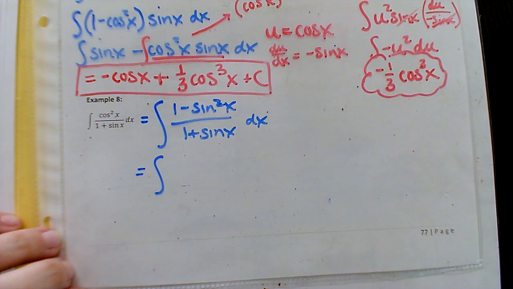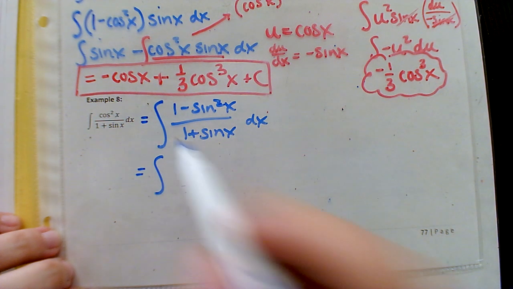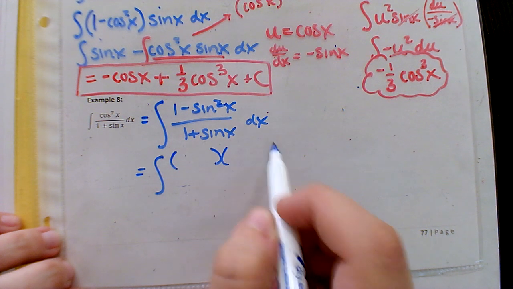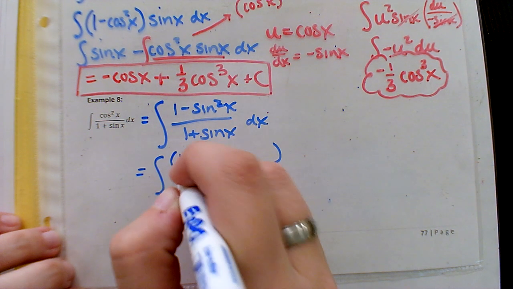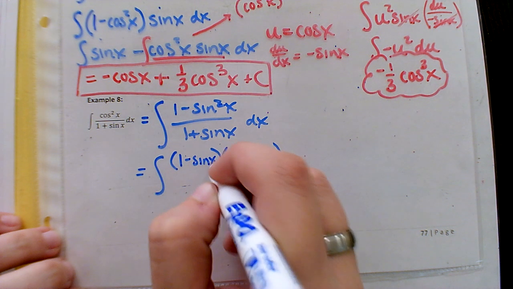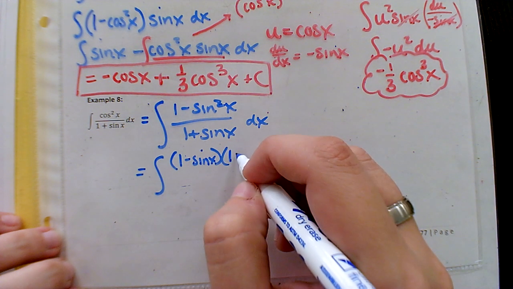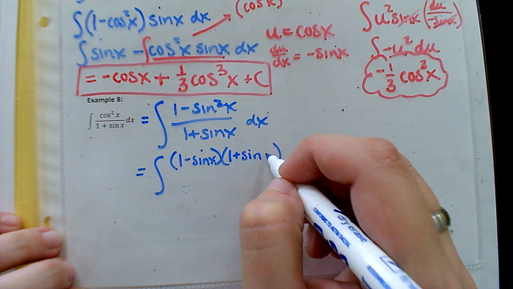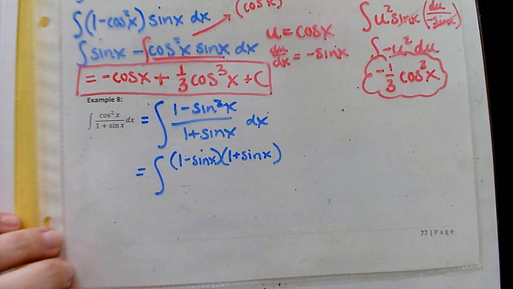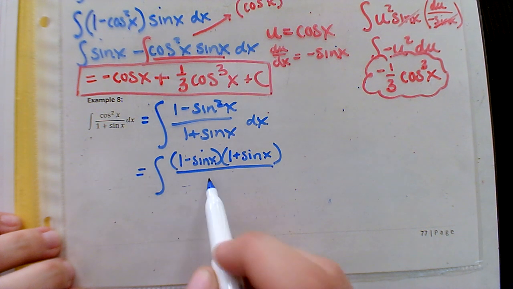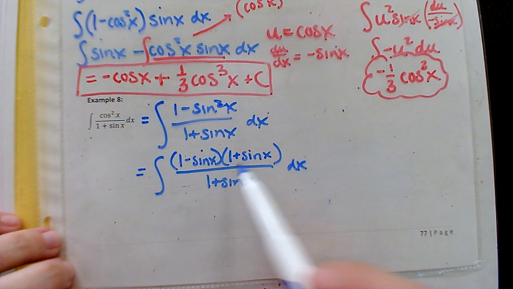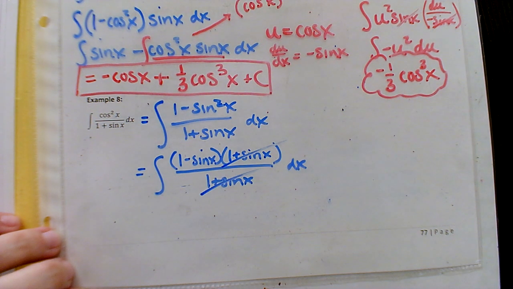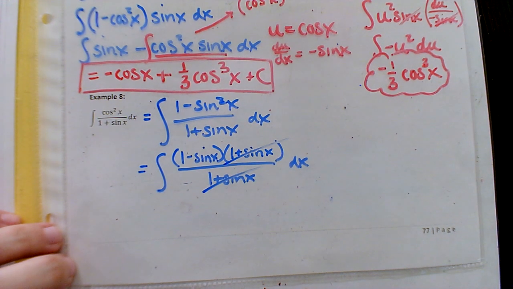We do difference of squares. Yes, we can factor. Difference of squares: 1 is a perfect square, sine squared is a perfect square. So one factor is subtracting those perfect squares, the other one is adding. Is anything going to happen? Yep, 1 plus sine goes away.